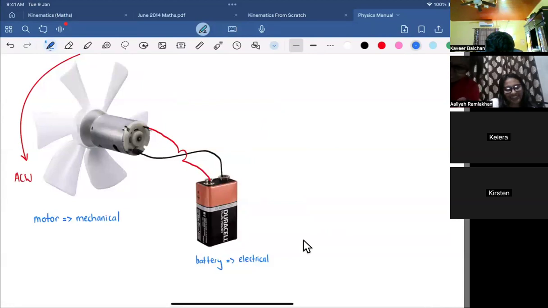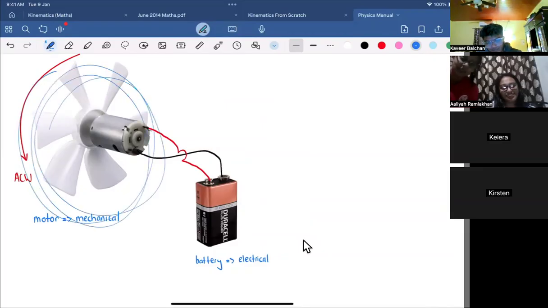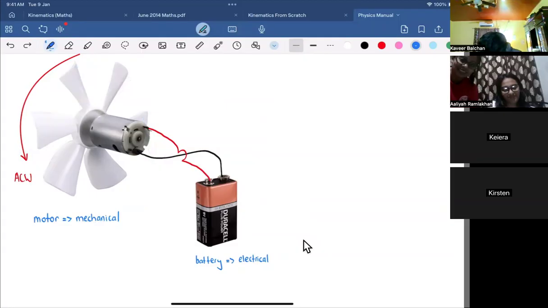Yeah, but what does it do? What does a motor do? Produce energy. No, it spins. You hook it up to a battery and it spins, in order to work. That is spinning to work, right? Yeah, it spins.